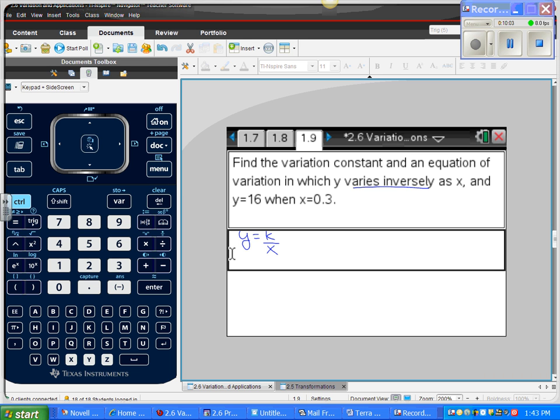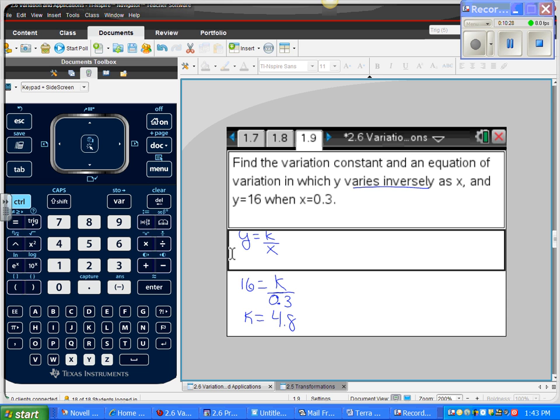We know y is 16. We know x is 0.3. Okay? So in order to find k, we need to multiply. We're going to do 16 times 0.3, and we're going to get a value of 4.8.